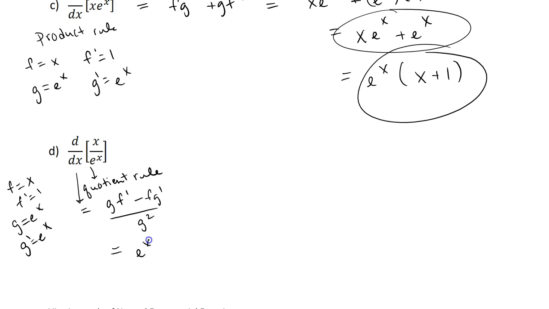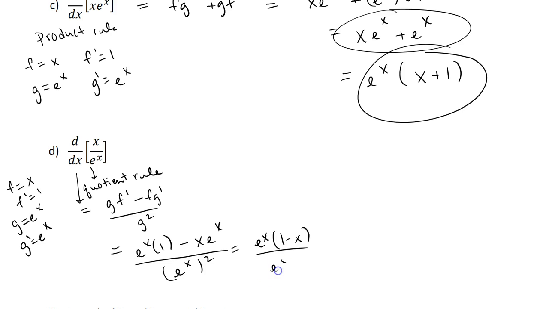So this would be e to the x times 1 minus x times e to the x all over e to the x squared. And in this case, I would want to go ahead and factor the e to the x because it allows me to cancel 1 here. So that would be my final answer there.